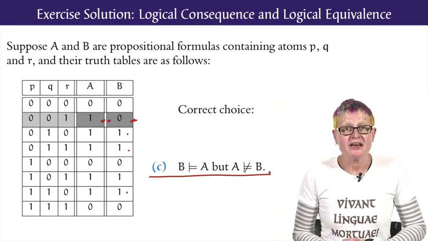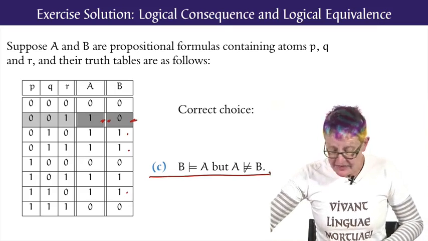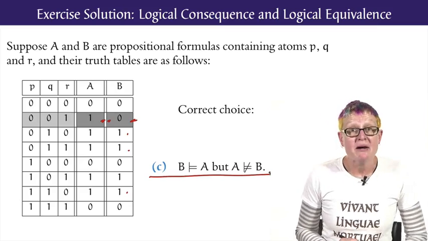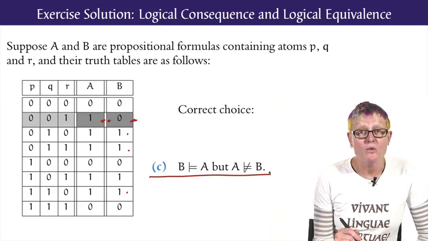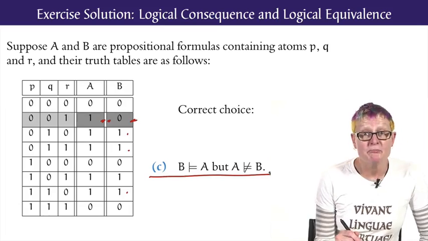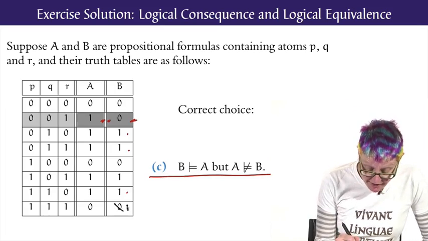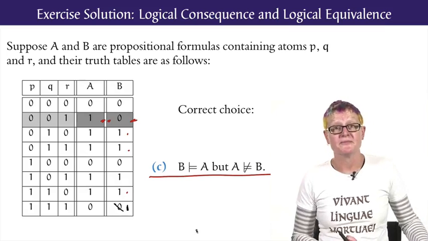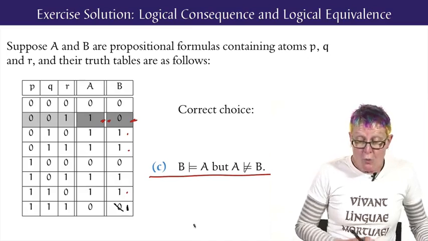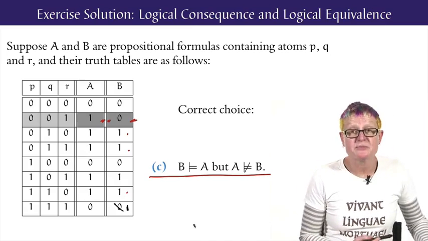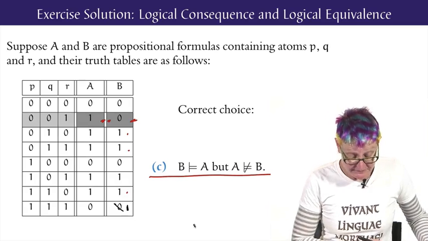As a quick variant, suppose we had the same table, except for the last row, where we change the B value to 1 rather than 0. Then ask the question again, what relationship holds between A and B?